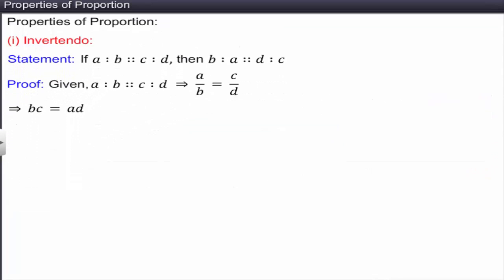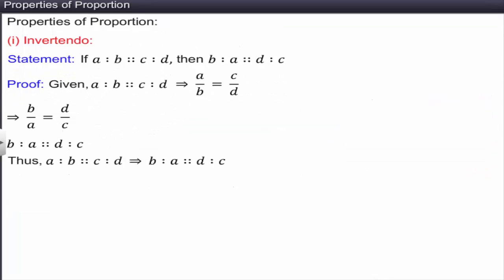On dividing both the sides by AC, we get B by A is equal to D by C, which can be written as B is to A is as D is to C. Thus, A is to B as C is to D implies that B is to A is as D is to C. Hence the property invertendo is proved.